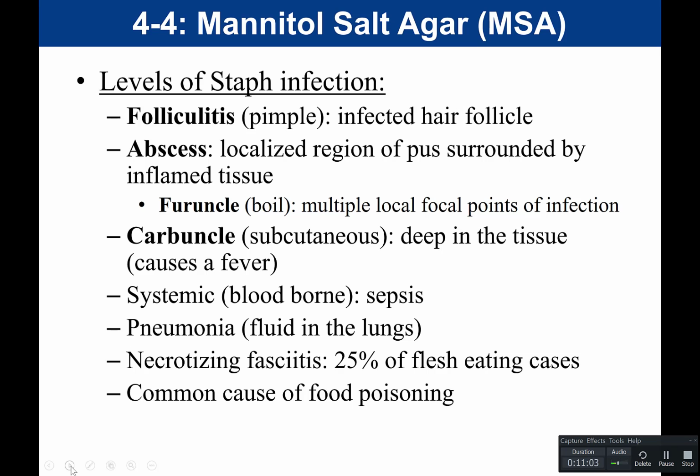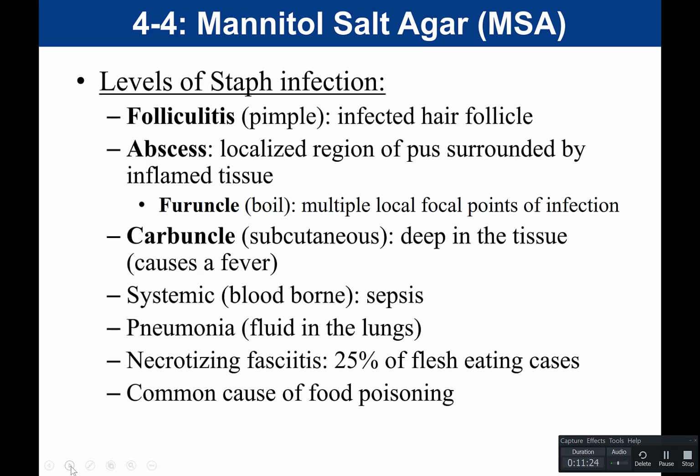For my class, you don't have to memorize the differences between folliculitis, abscess, furuncle, carbuncle, etc. But you do want to know the types of diseases that are associated with staph. So skin type infections, for example an infected hair follicle.